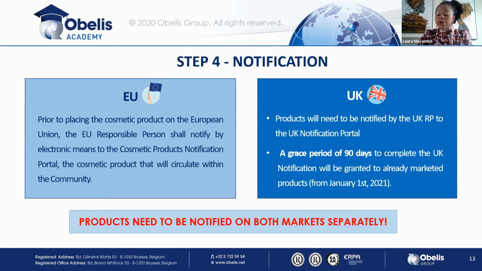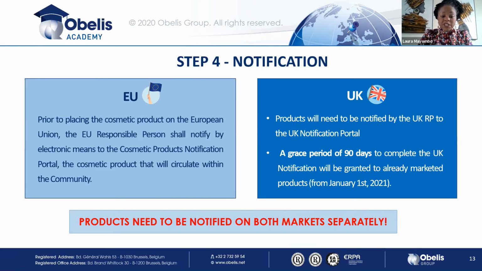There will also be a grace period of 90 days to complete the UK notification, which will be granted to already marketed products. So if you are already marketing your product in EU with a compliant PIF, already notified on the EU cosmetic notification portal, you will have 90 days from the exit date, so from January 1st, in order to do your notification to the UK notification portal.